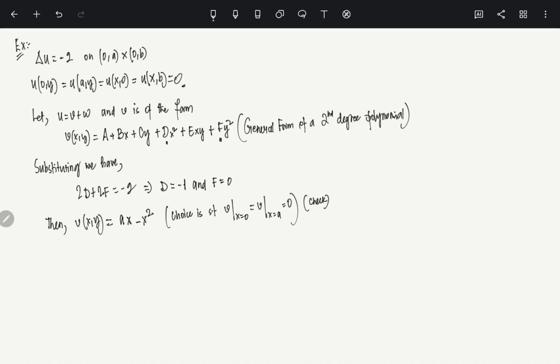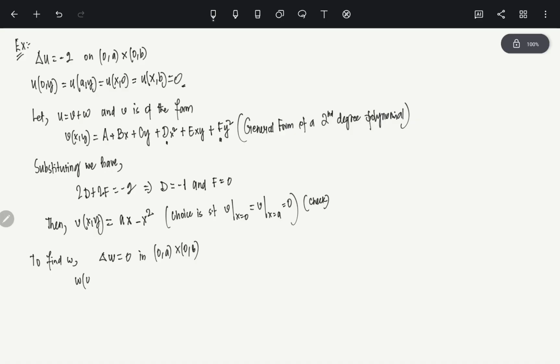Okay. Now, v is there. Now we have to find w, that's the important thing. Now, what does w do? To find w, Laplacian of w is equal to 0 in the rectangle 0a cross 0b. You remember, w is that harmonic part. So essentially we are decomposing the function into two parts.